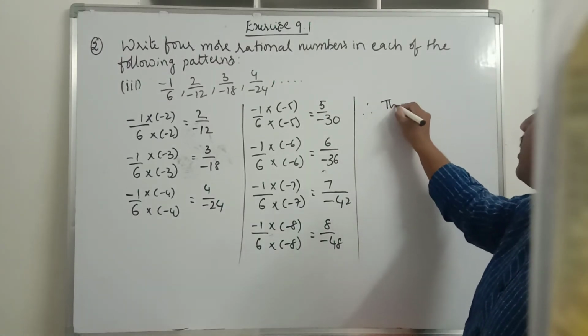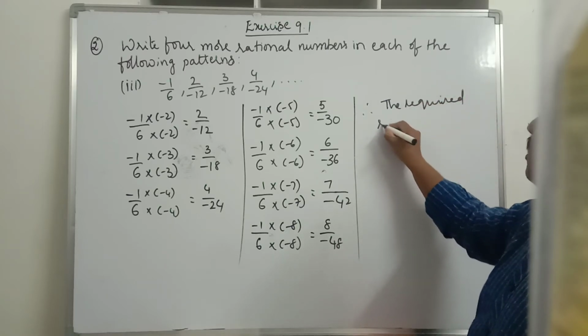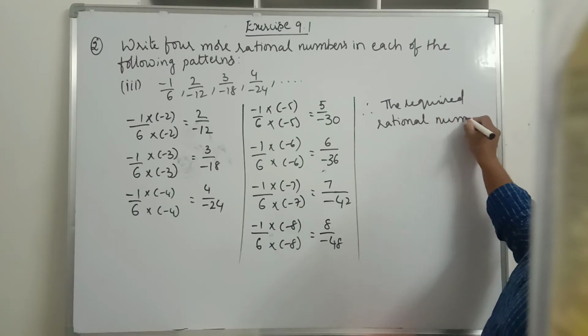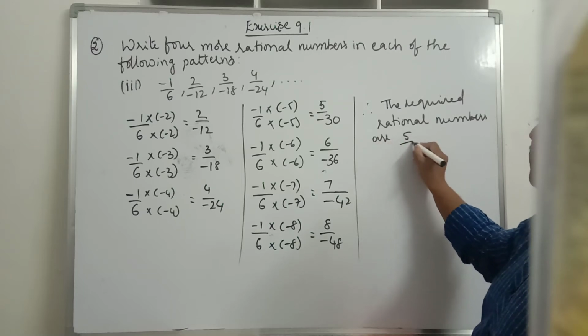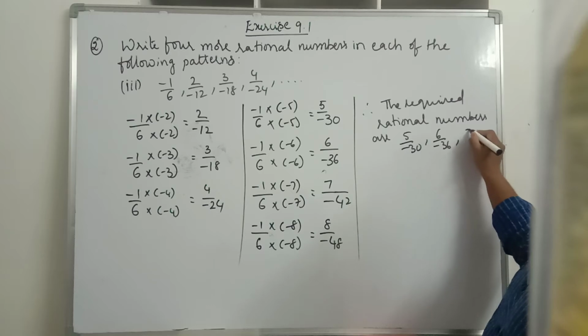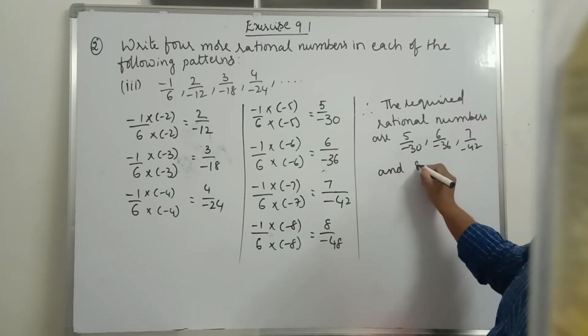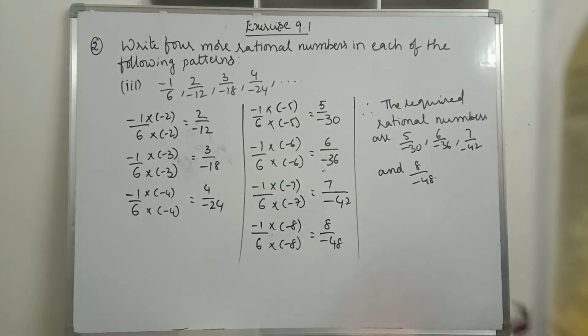Therefore the required rational numbers are 5 by minus 30, 6 by minus 36, 7 by minus 42 and 8 by minus 48. So like this we will find out the next rational numbers in the following patterns.